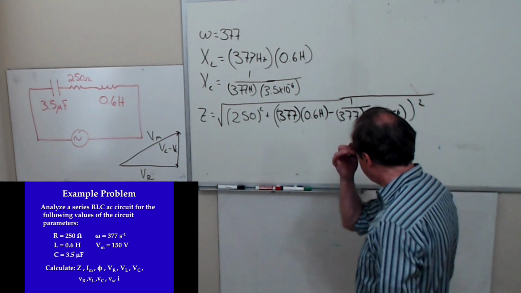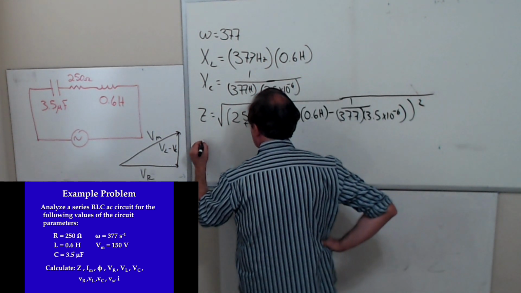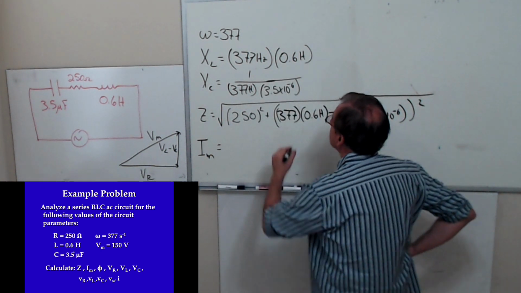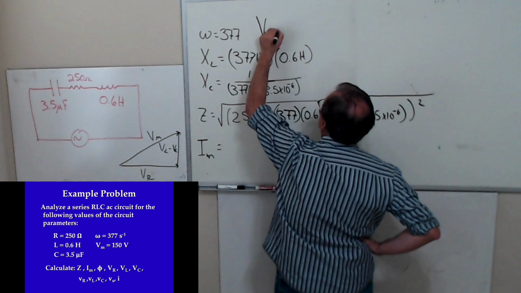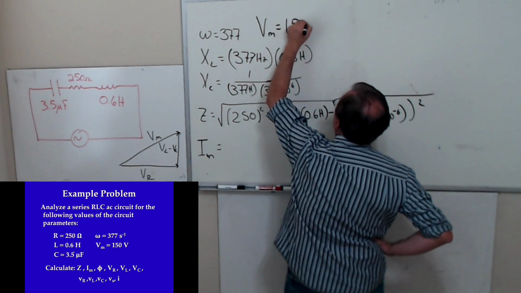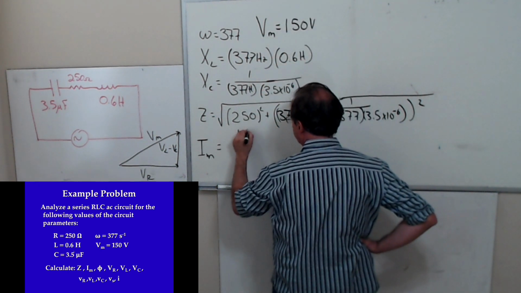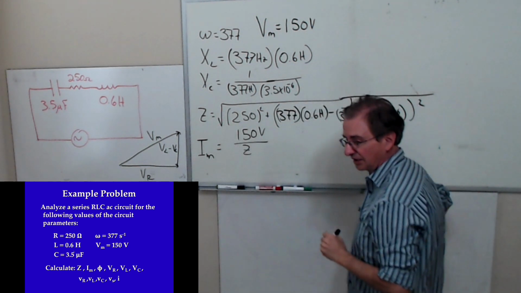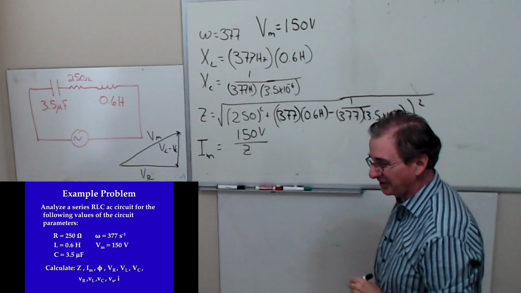And then I can find I. If V is 150 volts, then I is just going to be 150 over this monster. Okay.